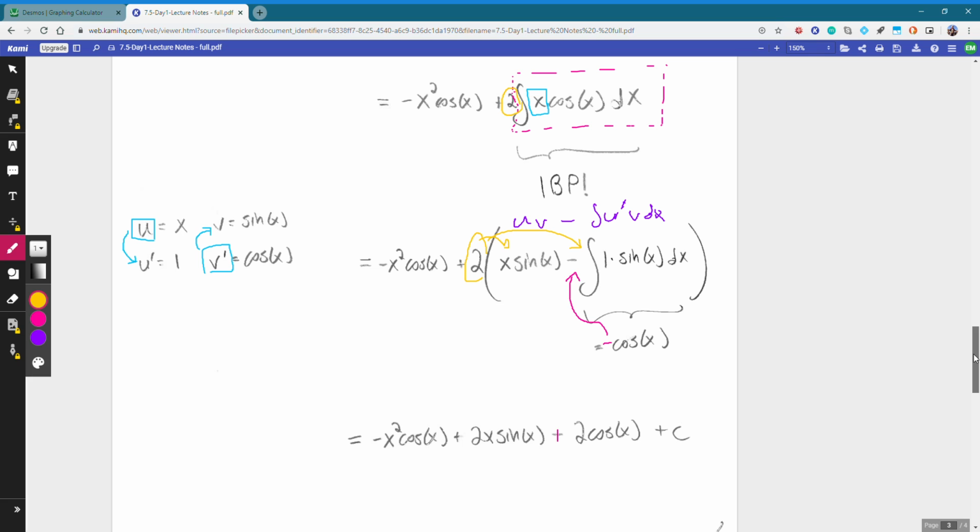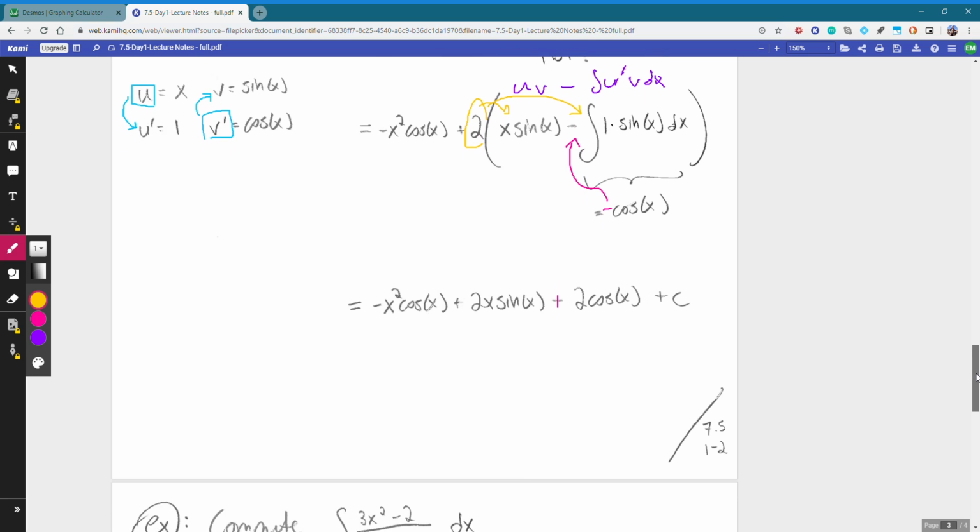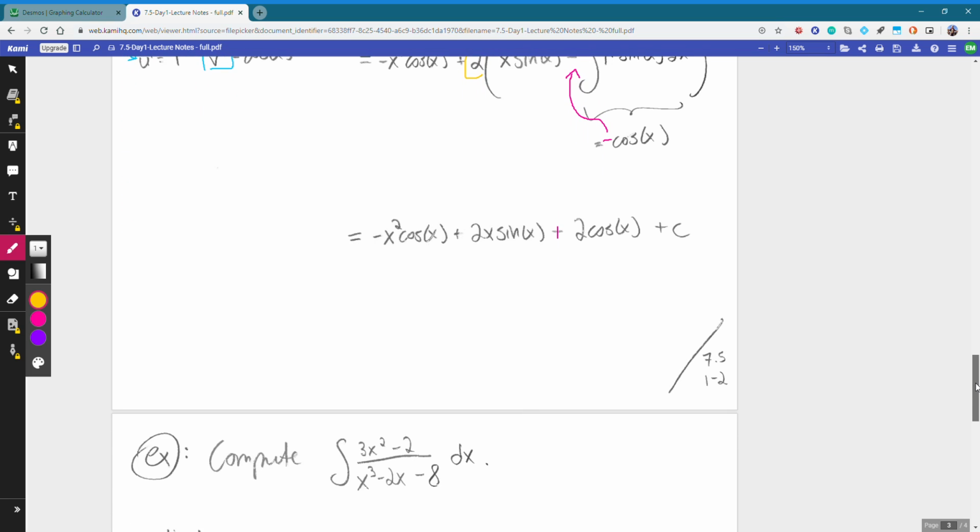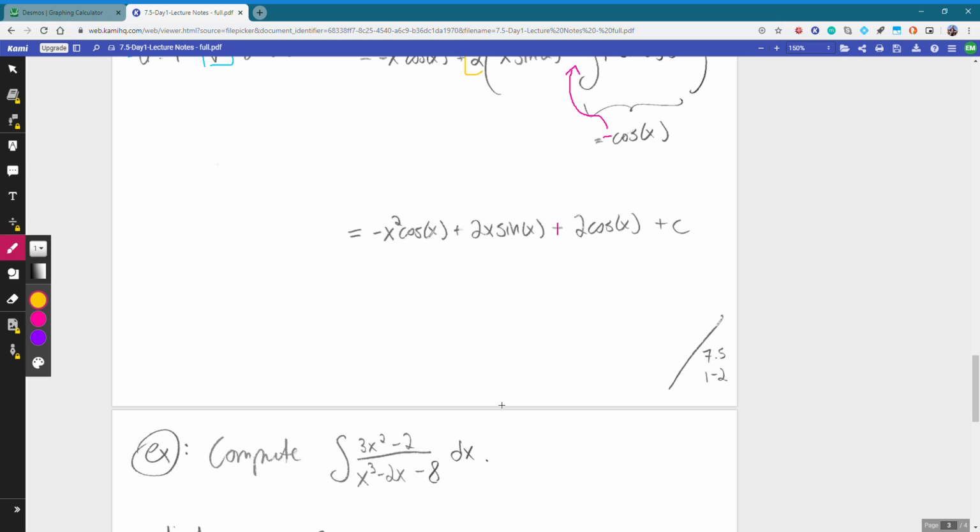All right, last but not least, the integral of 3x squared minus 2 over x cubed minus 2x minus 8. Again, if you haven't worked through this one yet, take some time and see what you can make of it. But let's start talking about it here.